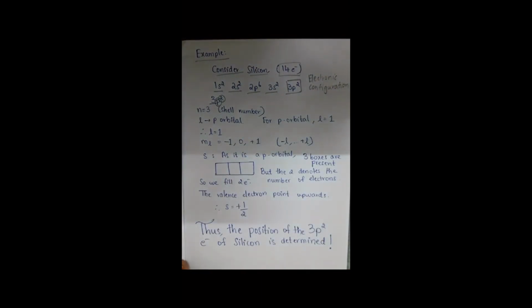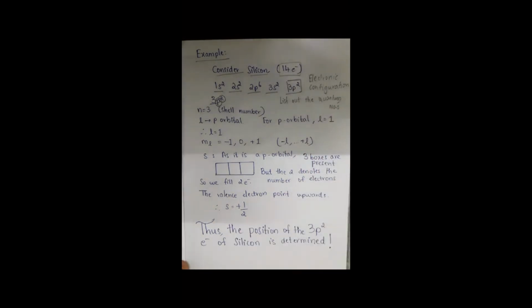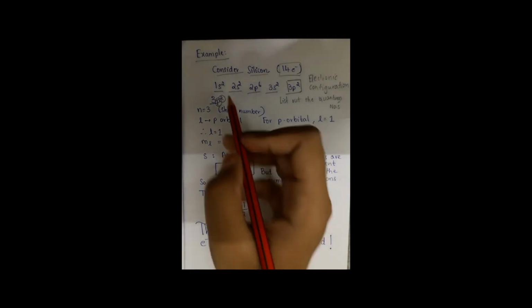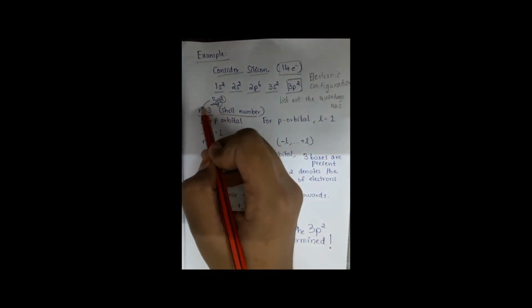Now 3p2 has three parts: the 3, p and 2. The 3 resembles the shell number. That means the value of n is equal to 3, as the value of n is the shell number. Now coming to the p value, l is dependent on the p orbital.